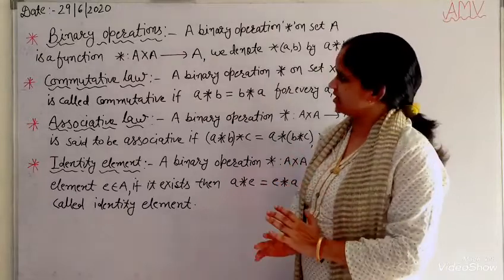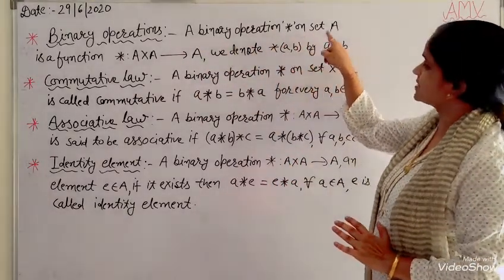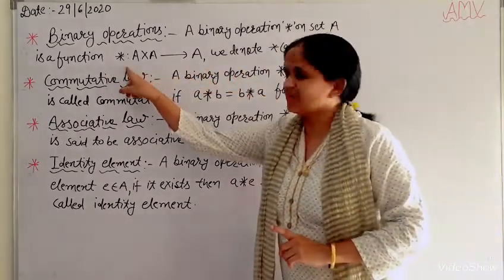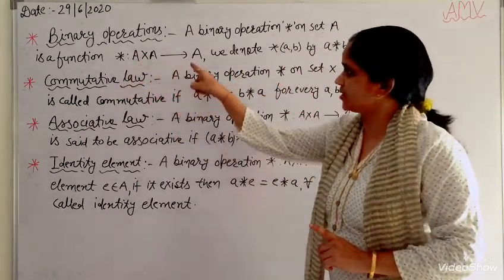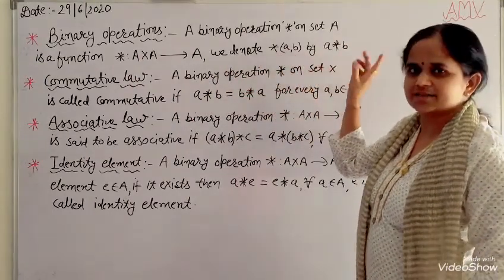The general definition: a binary operation star on a set A is a function A cross A to A, where we denote star of (a, b) by a star b.